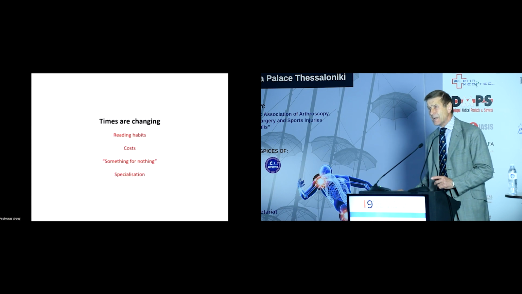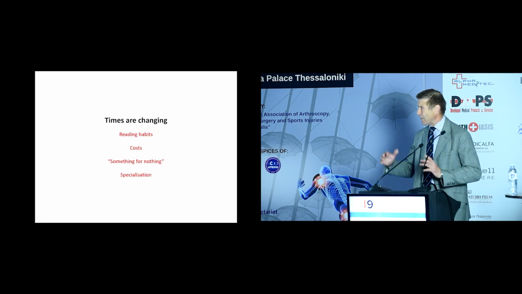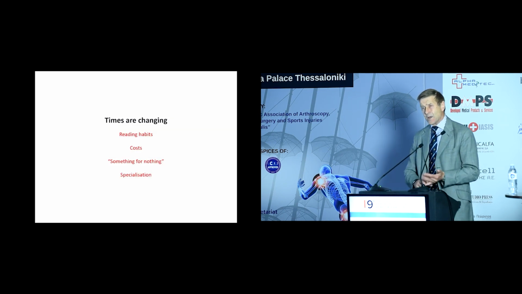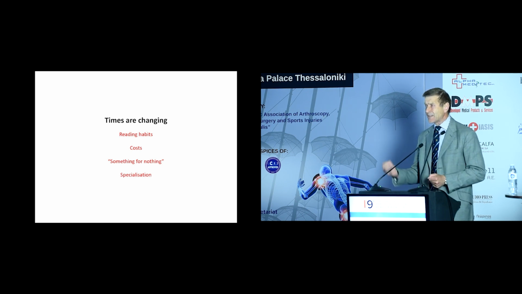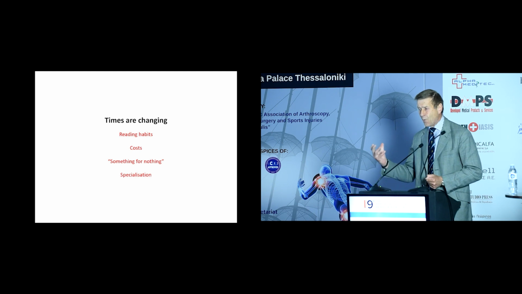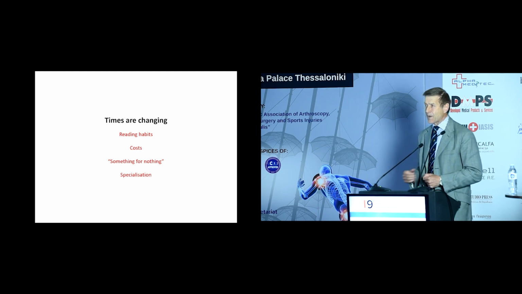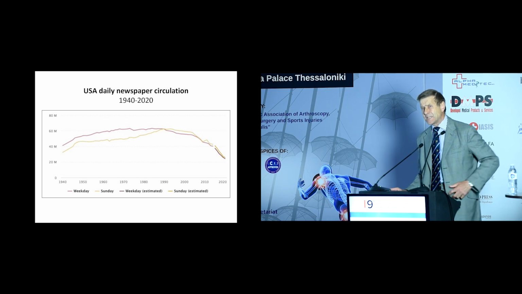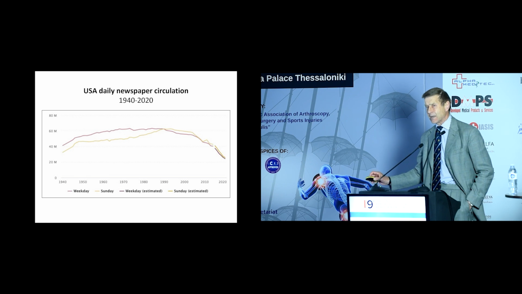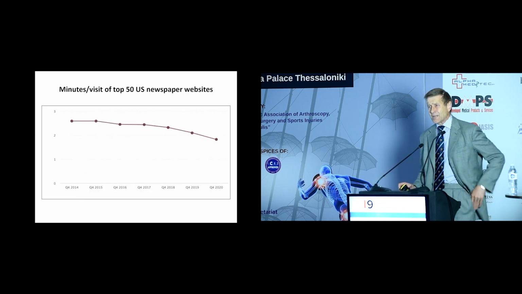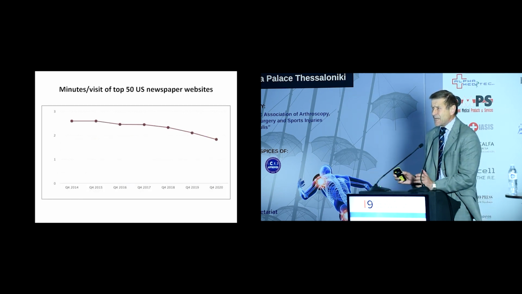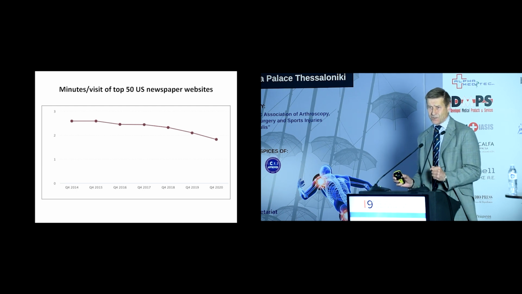You see, times are changing. Look at publishing overall. Our reading habits are changing. Costs are changing. We are in a something for nothing world, and we are becoming increasingly specialized. Look at the USA daily newspaper circulations and how they are now declining. Look at how the number of minutes we spend reading articles are declining.